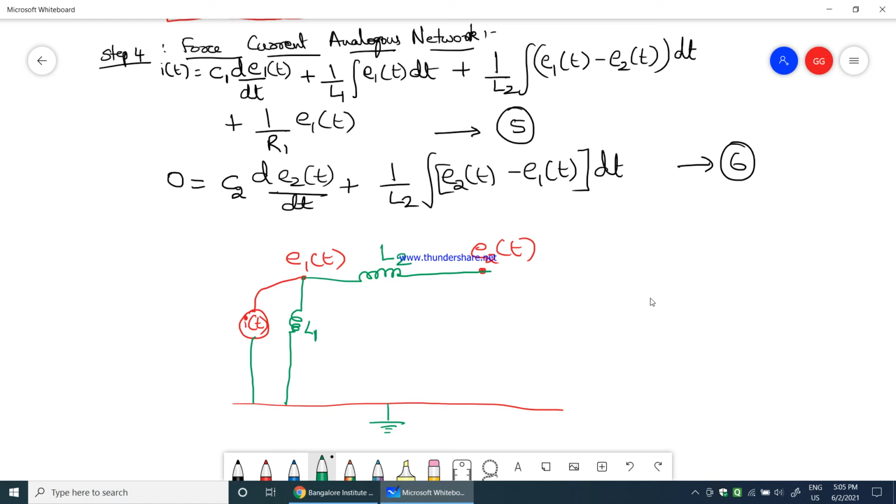Then we have capacitor C1 which is connected only to node E1. Therefore I will have a capacitor C1 here. Whereas again we have a resistor R1 which is connected only to E1 of t. Therefore R1.